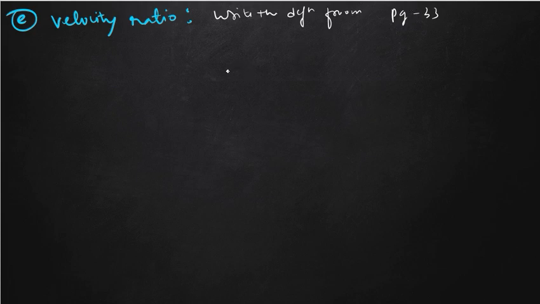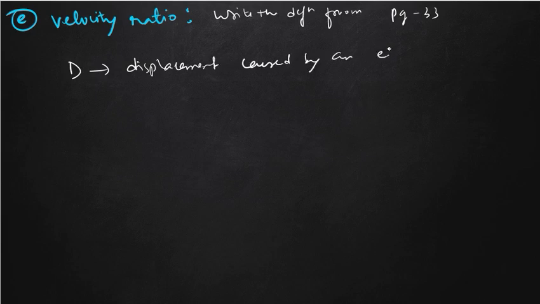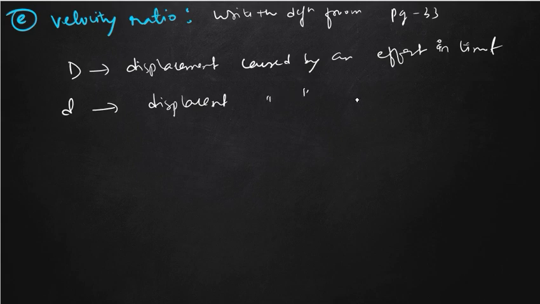So if we denote capital D as the displacement caused by an effort in time t, and small d as the displacement caused by the load in the same time t.